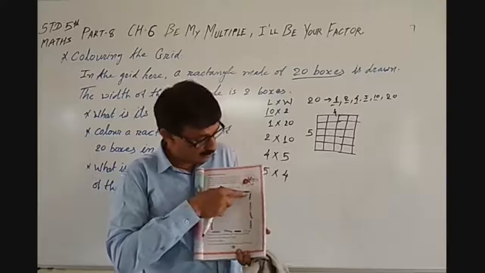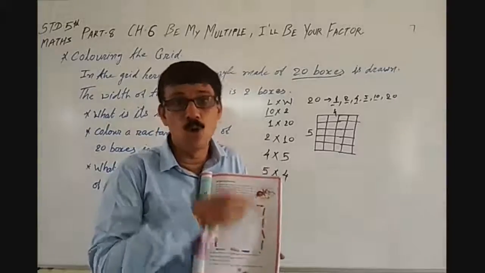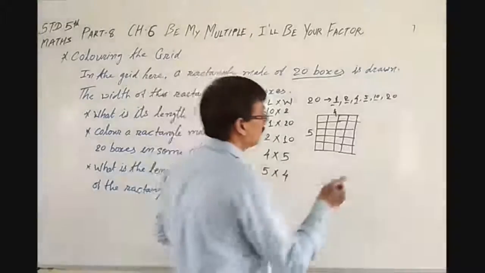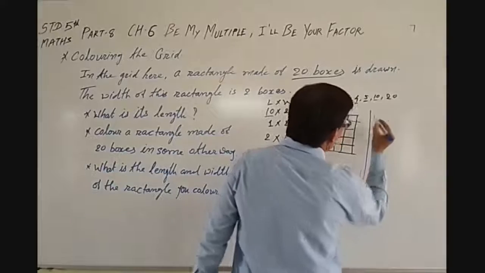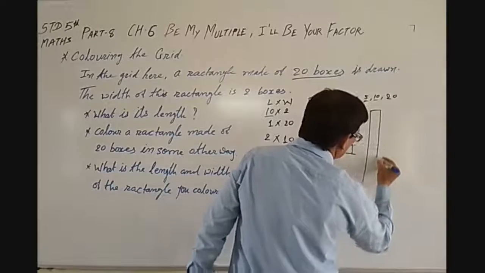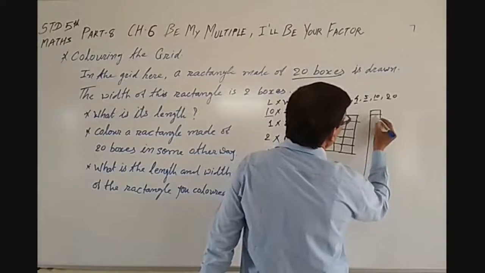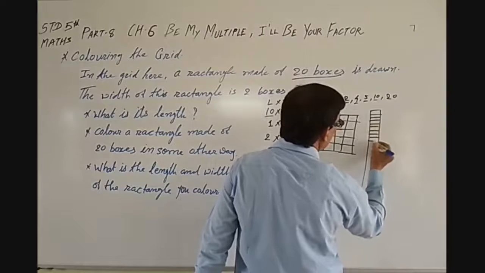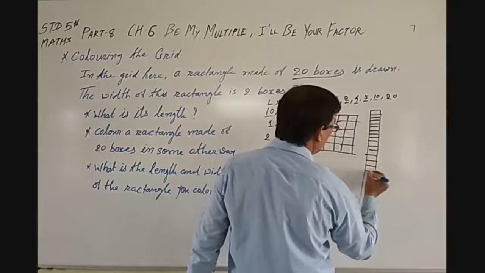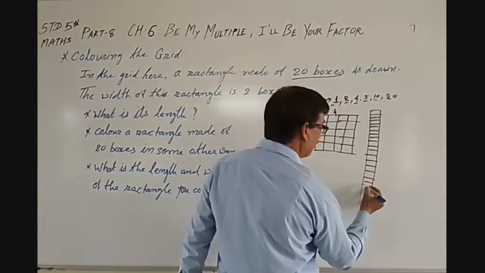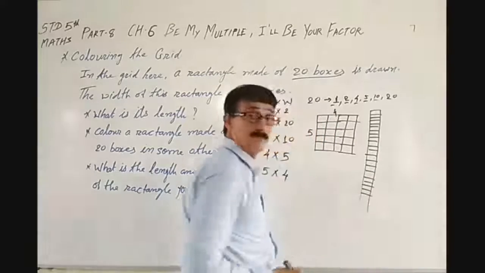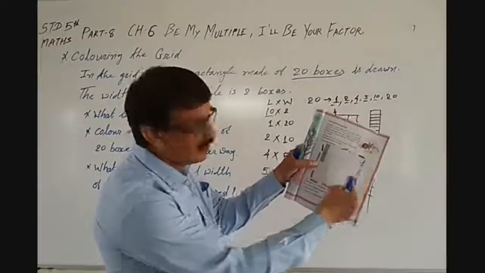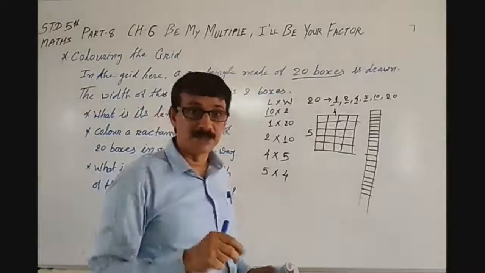So in the last one, you draw over here. Like this: 1, 2, 3, and so on up to 20. Okay, so in the last one, you can color it.